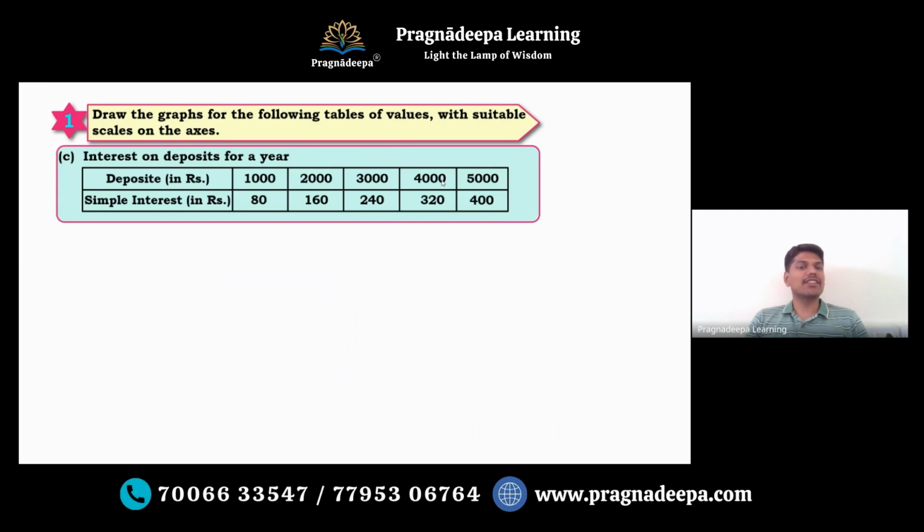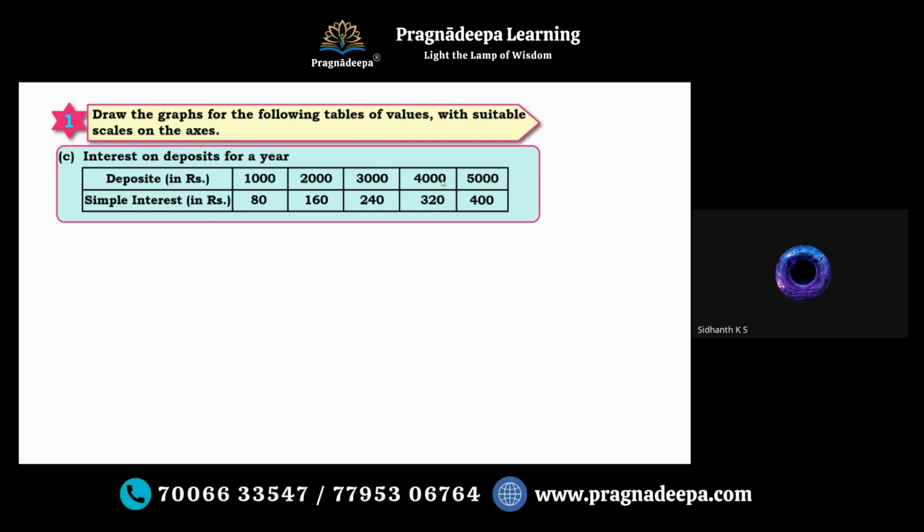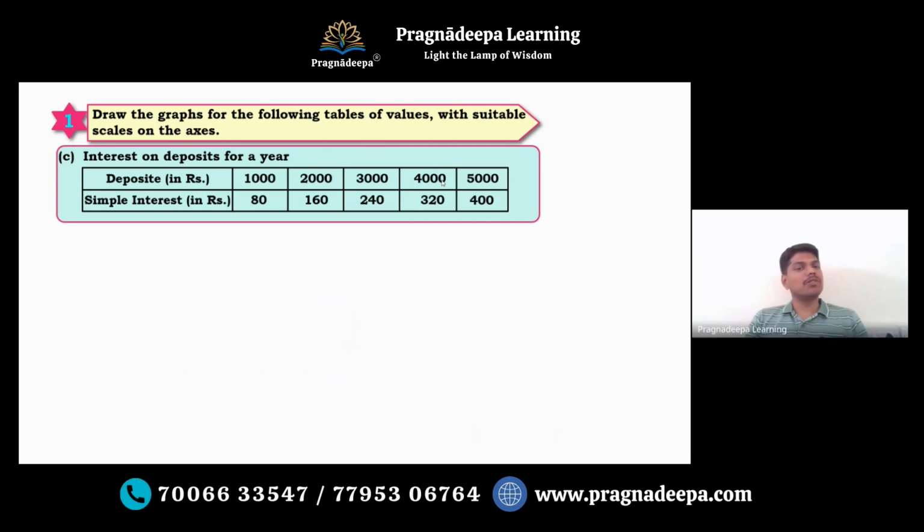Maybe you can calculate the rate of interest, right? You know the formula, how you will calculate the simple interest? Yes, sir. P into R into T divided by 100. Perfect. So you know the principal amount is 1,000, time is 1 year, rate of interest is the question mark, but you know the answer that it is 80. So you can easily calculate the rate of interest, correct?